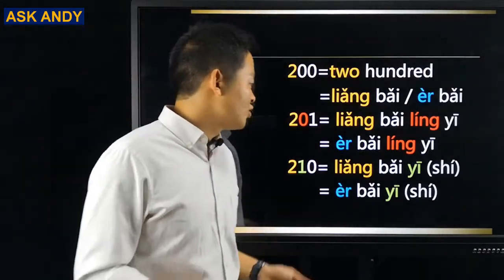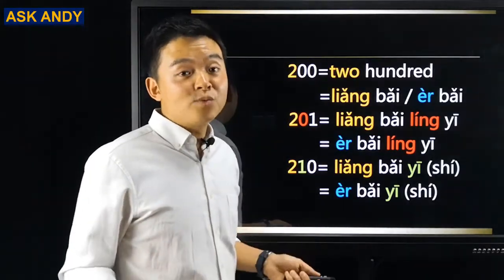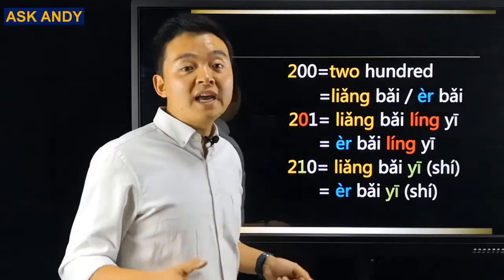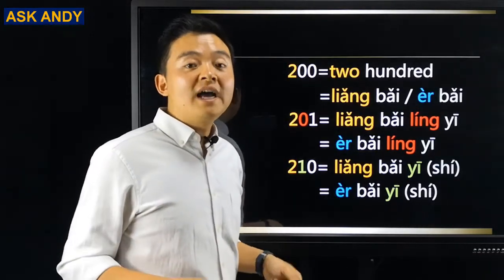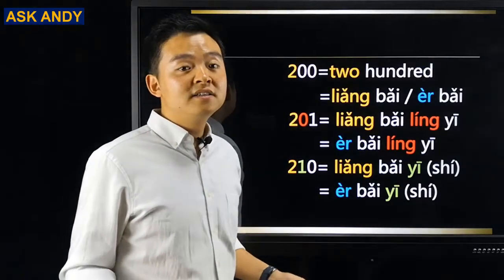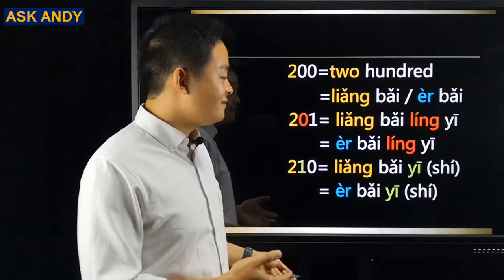Here is the thing. So what about 201? So remember, 101, we need to read that 0. So it is 201, or 201. And then what about 210? The same.